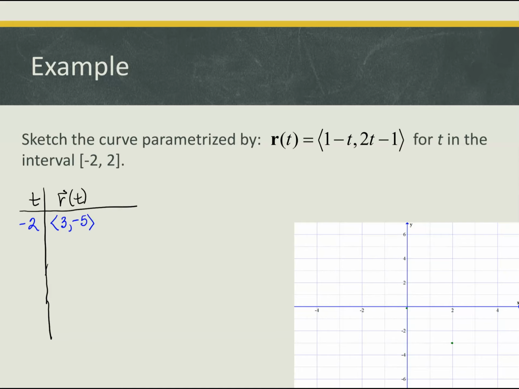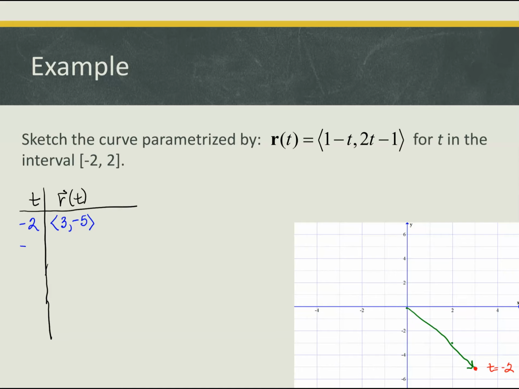So I have a position vector with a horizontal or x component of 3 and a y component of -5. So I have a position vector looking like that. At the tip is a point on my curve, and that point occurred because we evaluated our vector-valued function at t equals -2.